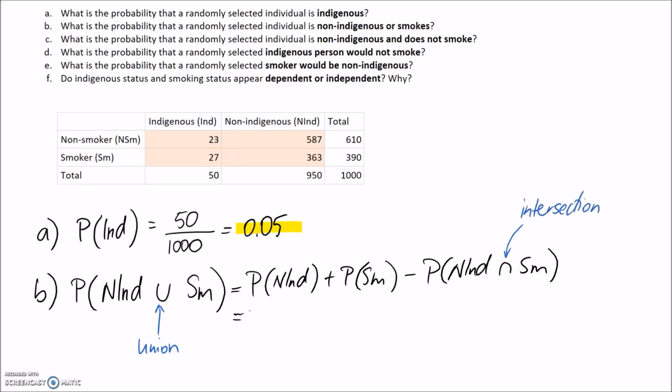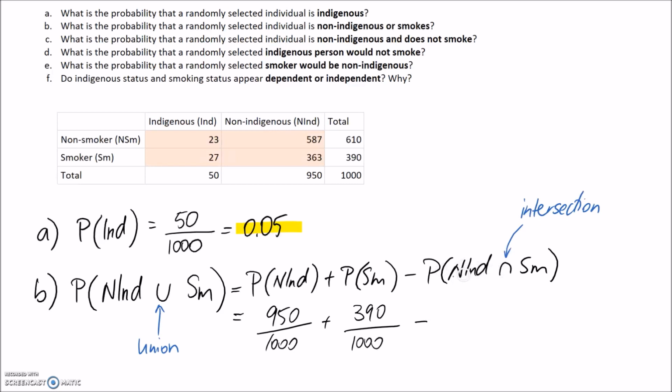Alright, so going through and filling this out, this has just become a marginal probability now. So probability that you're non-indigenous, coming from the margin here, so 950 out of the 1,000 people, plus the probability that you are a smoker. So smoker, the total here is 390, again out of the total people, which is 1,000.